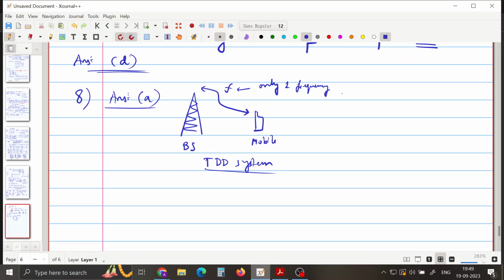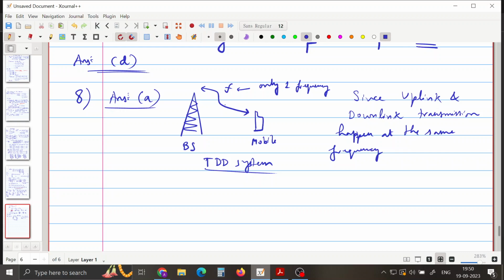And so the idea is that since uplink and downlink transmission happen at the same frequency, right, here both uplink and downlink are happening at the same frequency f, that I am denoting by f.